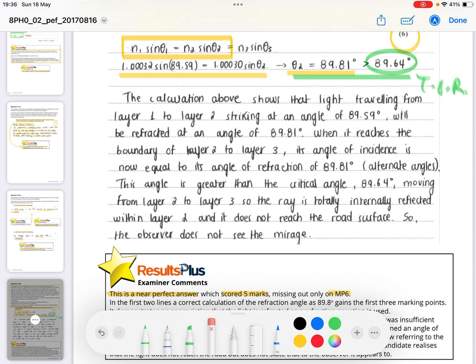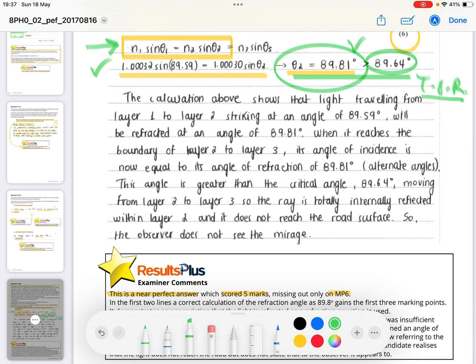The first boundary changes the angle such that theta 2 is greater than the critical angle. So at the second boundary, total internal reflection occurs. Basically, the mark scheme is looking for light is refracted as it passes from medium 1 into medium 2, but the angle of refraction can be calculated. So refraction is the first mark, and then using that equation to work out theta 2 gets the next marks, so that's 3 marks.